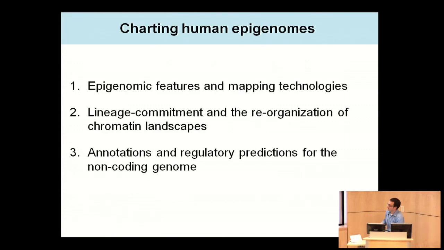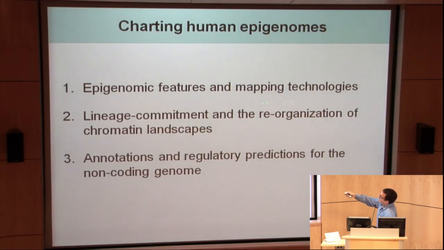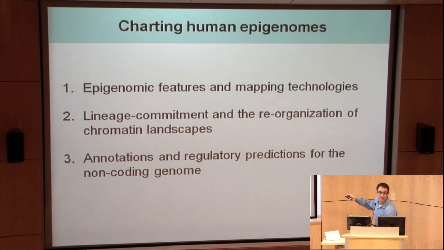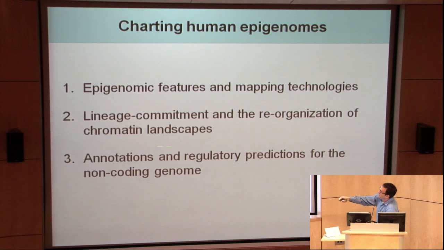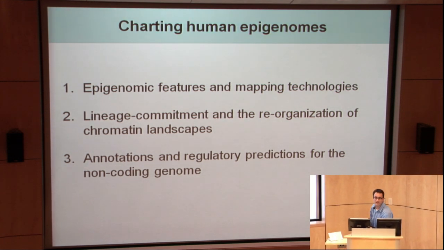So for my talk, I'm going to give you a background on the epigenome and some of the features. How is DNA organized? I'll talk about mapping technologies, and then I'll give you two vignettes from some of these ongoing large community projects. A vignette about how the developmental specification of cells is accompanied by a reorganization of the genome in structures that help commit cells to specific lineages.